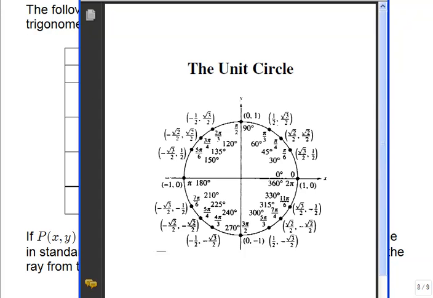It also shows all of the terminal points with the corresponding pluses and minuses depending on which quadrant you're in. So you definitely want to have this unit circle memorized because you're going to be using these values so often. You don't want to be wasting your time trying to figure out what these terminal points are every time. Just be able to spit them right out without having to think about it.